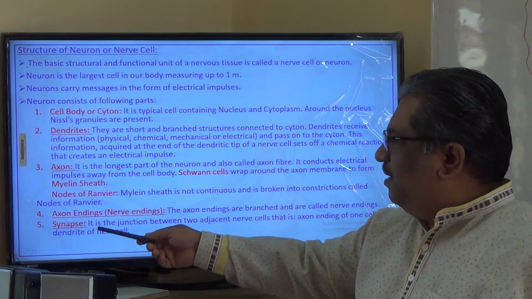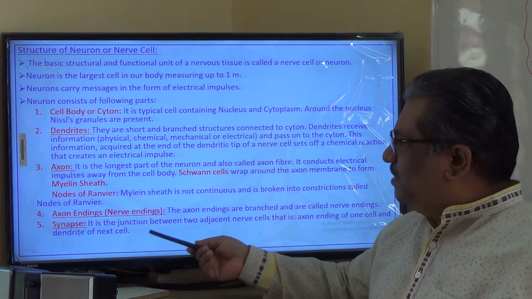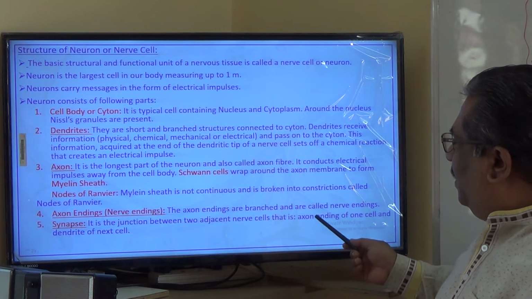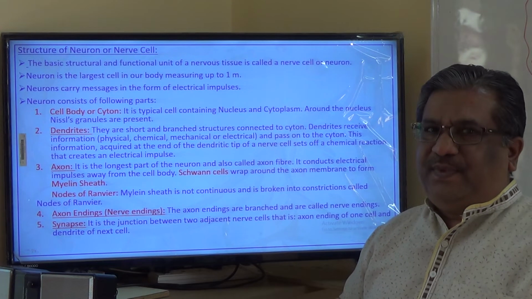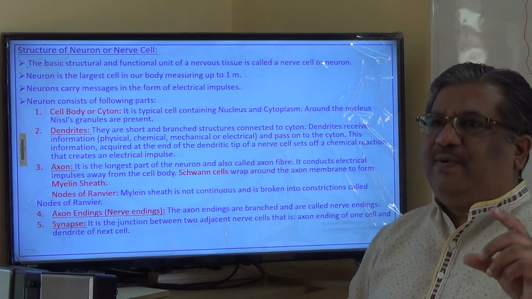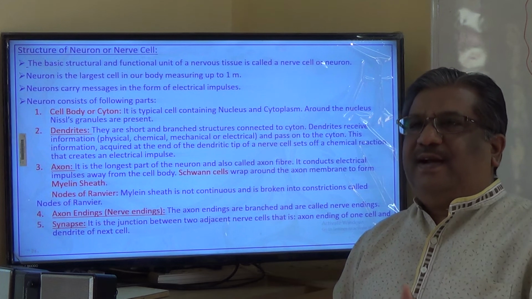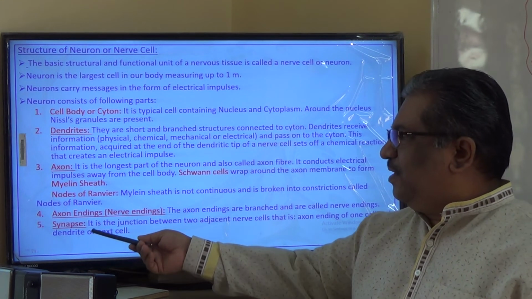And synapse, it is the junction. Yeah, it is good. This is how it is defined. It is the junction between two adjacent nerve cells, axon ending of one cell and dendrite of the next cell, isn't it? So it is a junction between two nerve cells, axon ending of one cell and dendrite of another cell. The junction between those two is called a synapse.